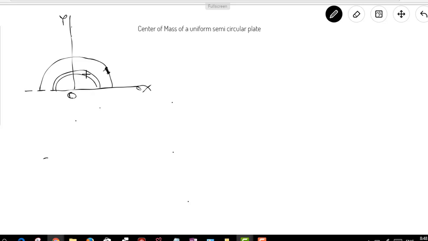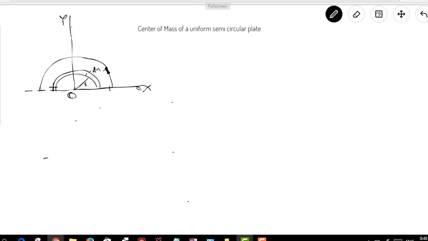Let's say it is of width dx, and this differential element is at the distance of r. But then you will find difficulty in finding the x or y coordinate of this differential element, because in the case of a semicircular wire, we can just say that from here to here is the x coordinate.